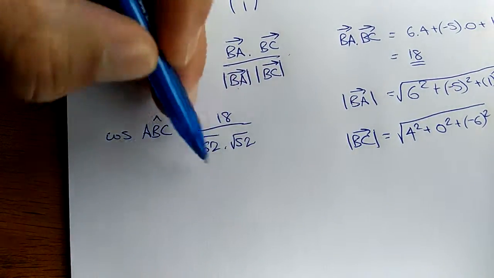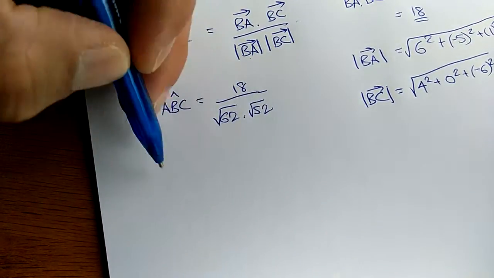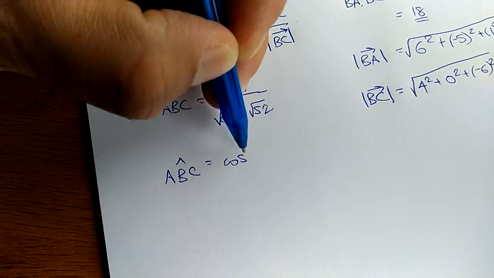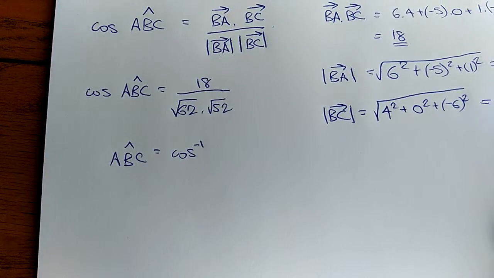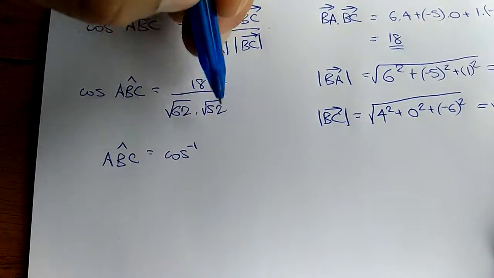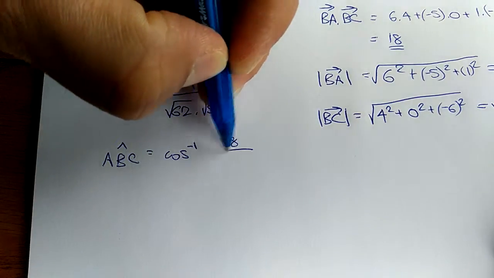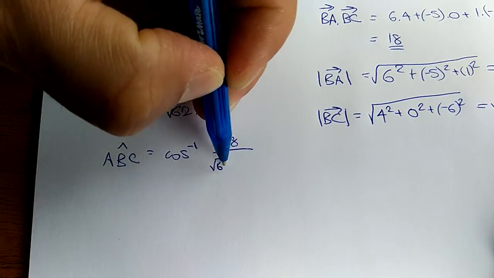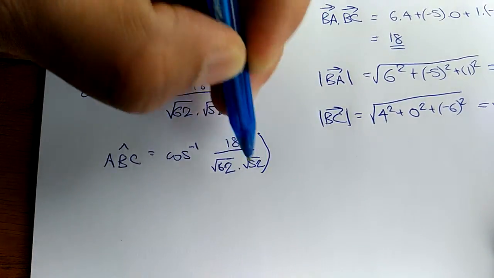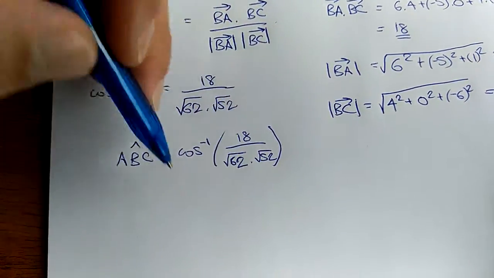And then you can work that out if you want. I'm going to leave it as is and just take the cos over to the other side. When you take the cos over, be sure that you change it to cos inverse. So it'll be cos inverse of 18 over root 62 times root 52.